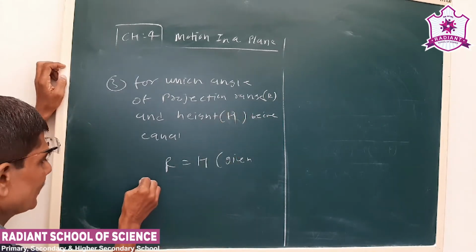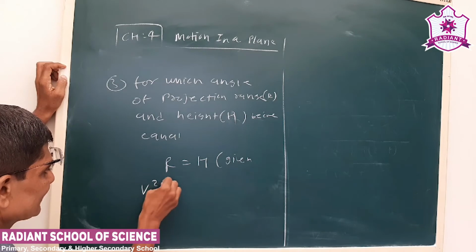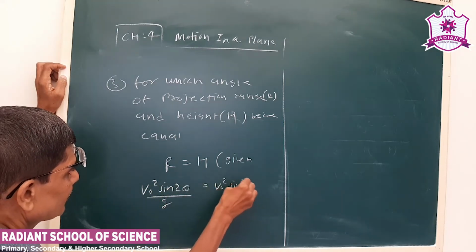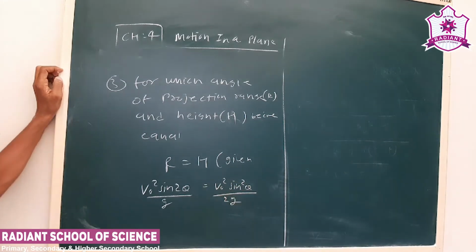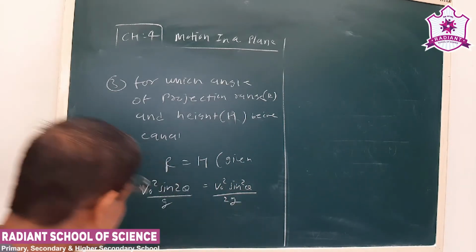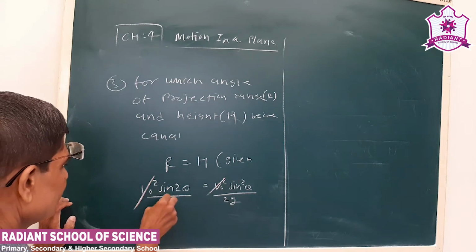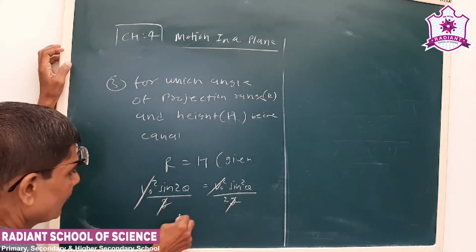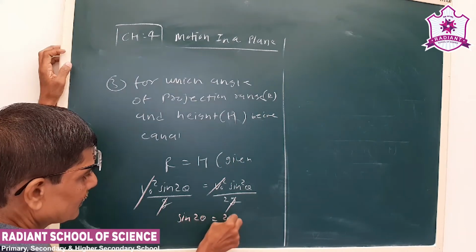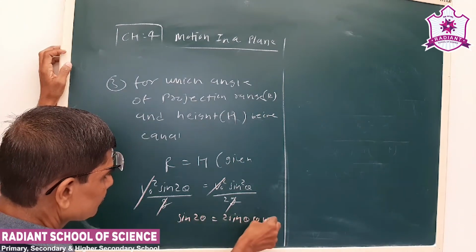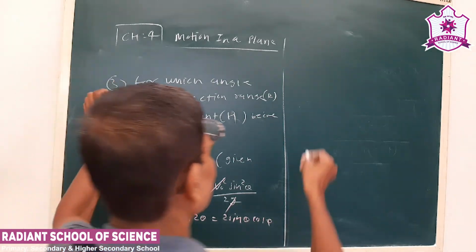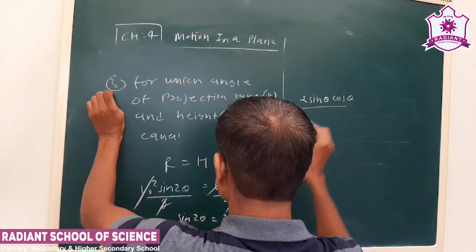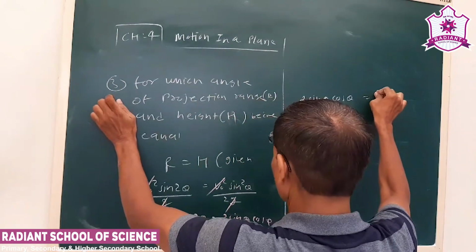So the range of the projectile is V0 square sin 2 theta upon g, and the height is V0 square sin square theta upon 2g. Now V0 square is cancelled, g is also cancelled. The sin 2 theta formula is 2 sin theta cos theta. So we can write 2 sin theta cos theta equal to sin square theta upon 2.